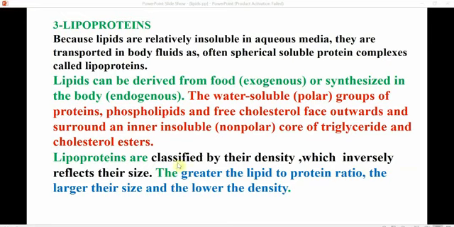Lipoproteins generally can be classified according to their density, which inversely reflects their size. The greater the size of the lipoprotein, the less dense. Also, the greater the ratio of lipid to protein, the larger the size and the lower the density.